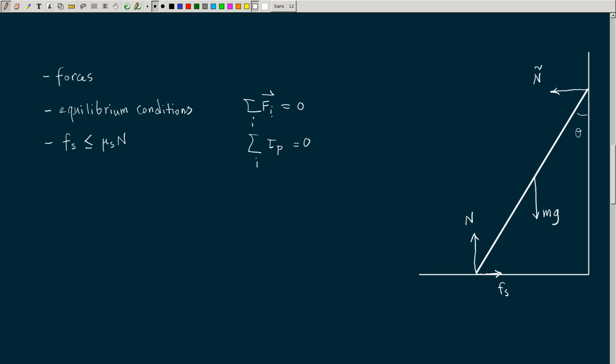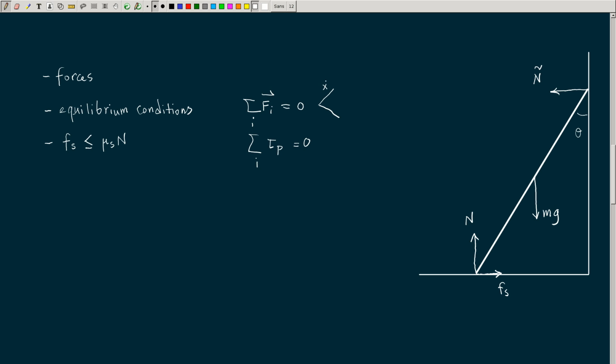Alright, the first one is going to give us 2 equations, because this is a 2-dimensional problem, right? There's a vertical direction, y, let's call it, and there is a horizontal direction, x. So for x, there is only this force here, Fs, and this n twiddle here.